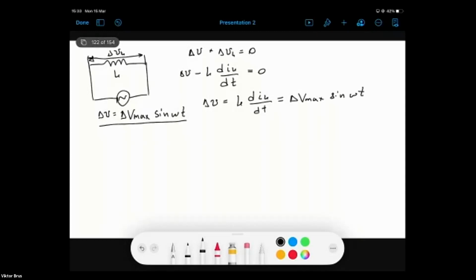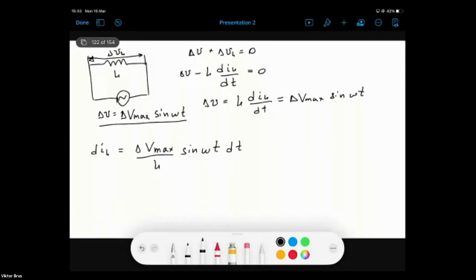Now we need to rearrange this equation in order to solve it for dIL. So dIL is equal to delta V maximum over L times sine omega t, oh sorry, we forgot here dt.